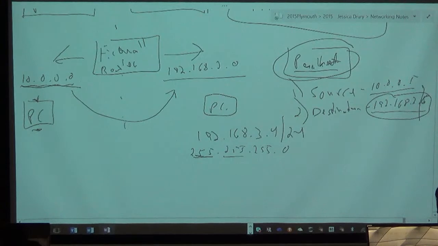And if that's the subnet mask of this IP address, then, pay attention to the drawing up there, what is the network address of that IP address? What is the network address?